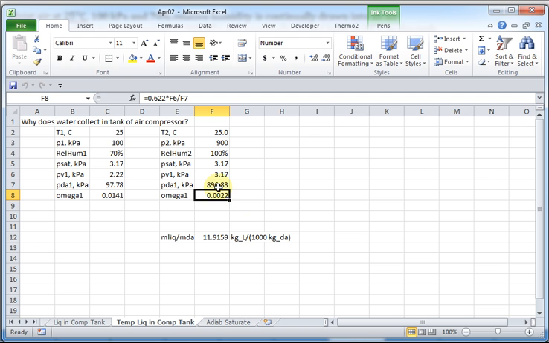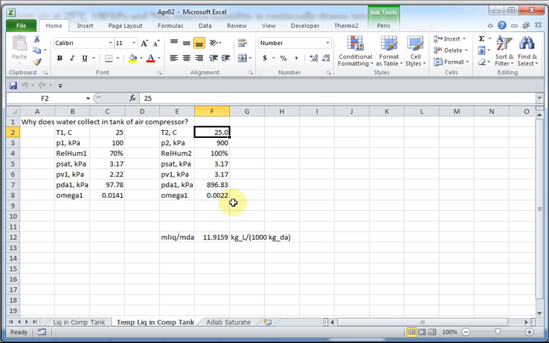And the partial pressure is higher. Look at this. The partial pressure of the vapor is higher. It used to be 2.2, now it's 3.17. But the total pressure is so much higher that your omega is much lower. And so that's what comes out per 1,000 kilograms of dry air.